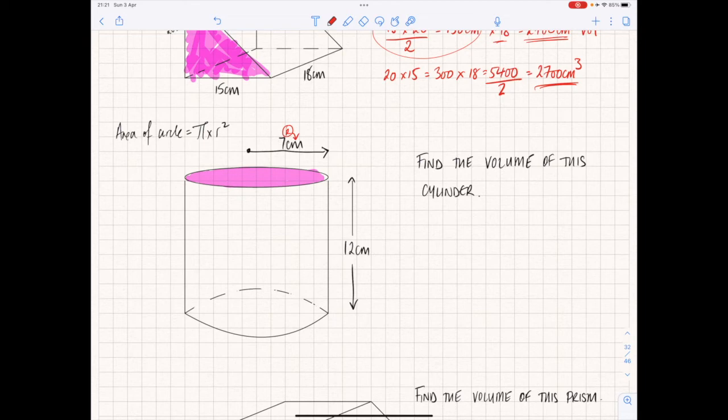So in this question, it tells you that the radius is 7 and that the height is 12. So area of the front face. So in this case, we're talking about the top face.